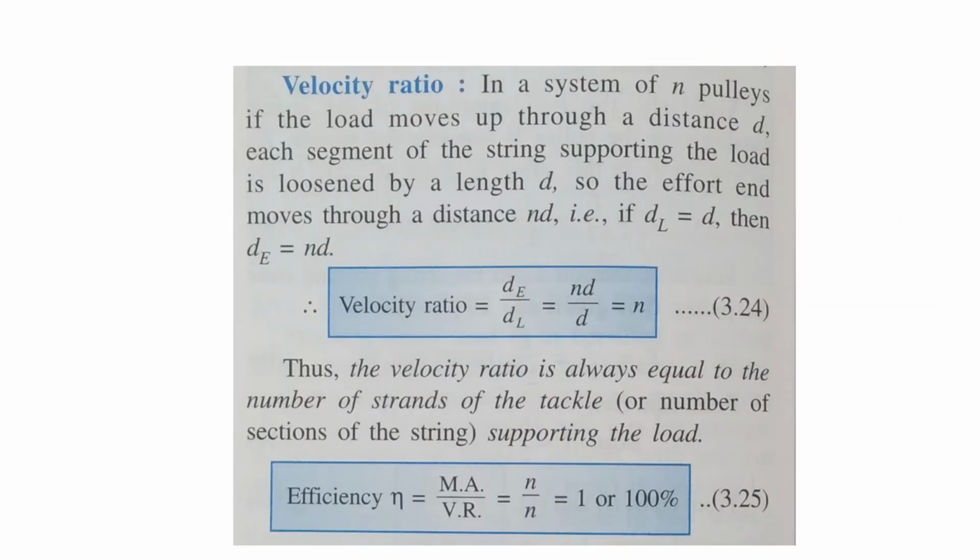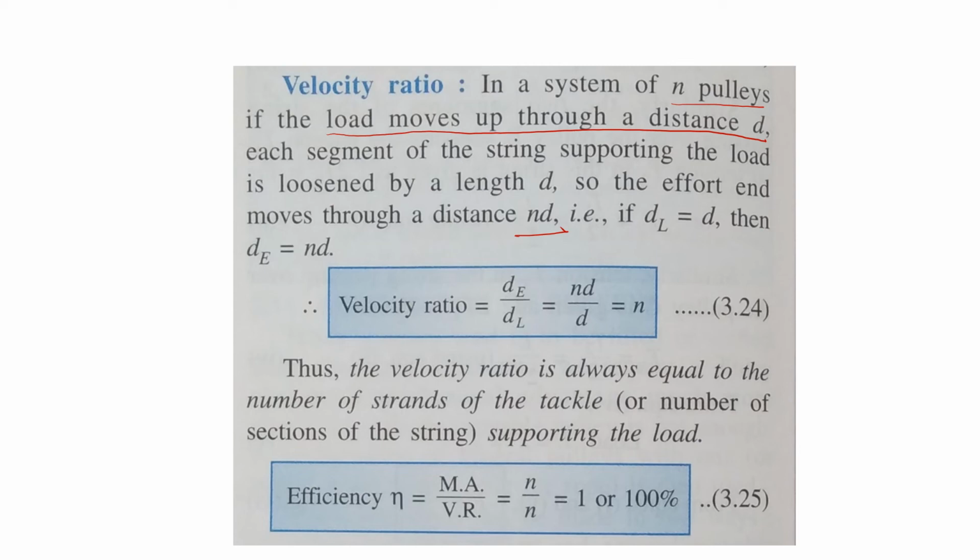Now the velocity ratio. In a system of n pulleys, if the load moves up through a distance d, each segment of the string supporting the load is loosened by the length d. So the effort end moves through a distance nd.